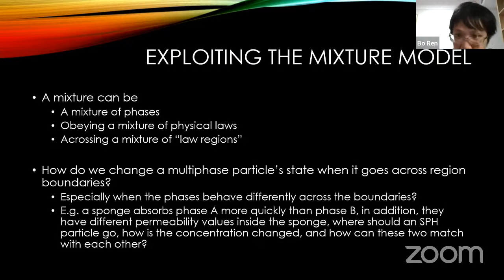But thirdly, these phases can go freely across a mixture of so-called law regions. In each region, we have a set of different laws, and the phases obey these different laws according to the regions.